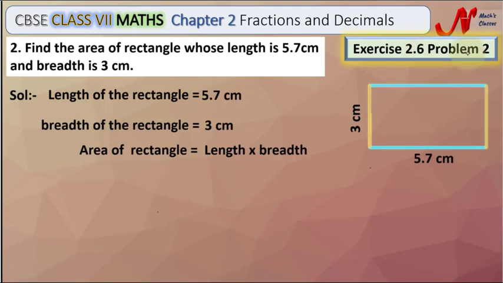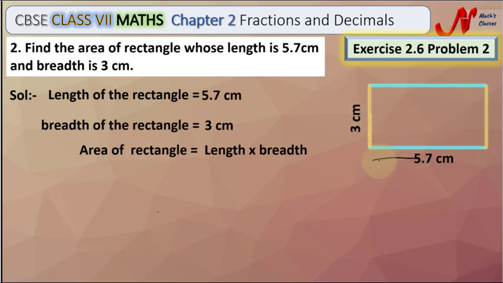Now we solve the second problem of exercise 2.6. In this problem, it is given to find the area of the rectangle whose length is 5.7 centimeters and breadth is 3 centimeters. First we draw a rough sketch of the rectangle.